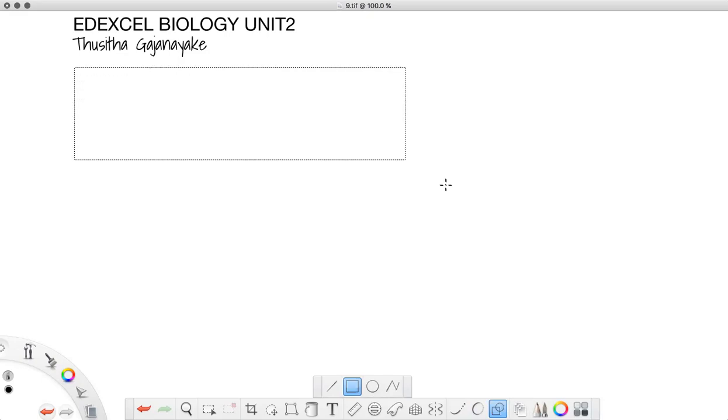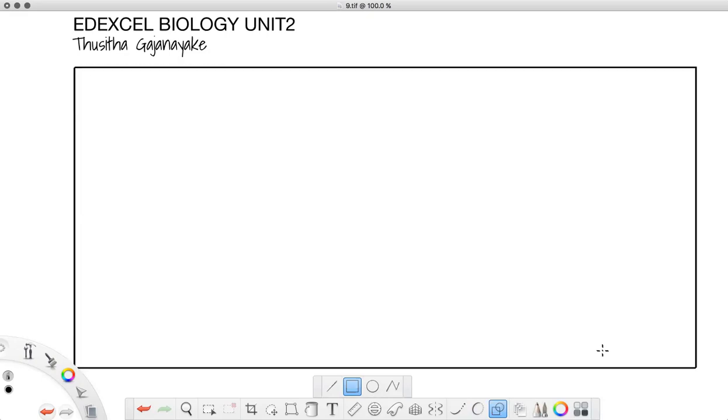Let's assume this is a cell, and the start is absorption of amino acid. The end is secretion of enzyme. Okay, I think then you can make your answer like this.